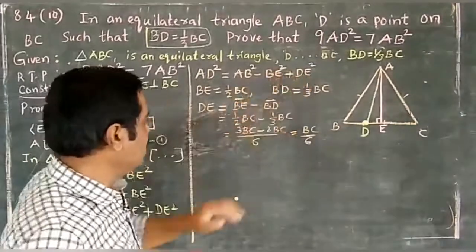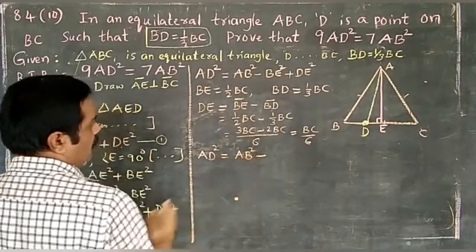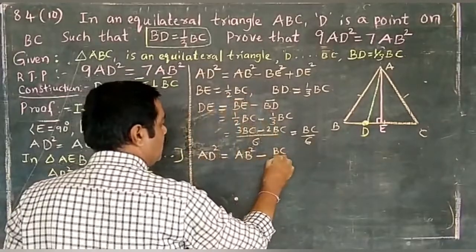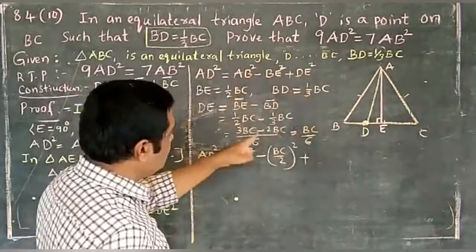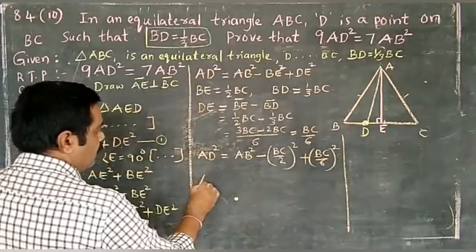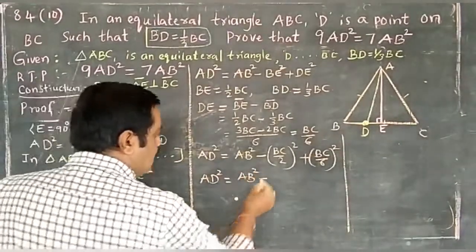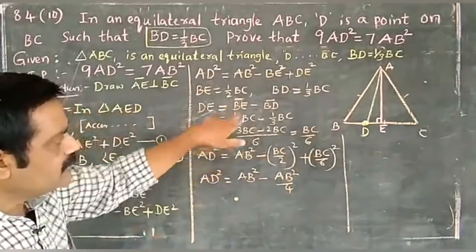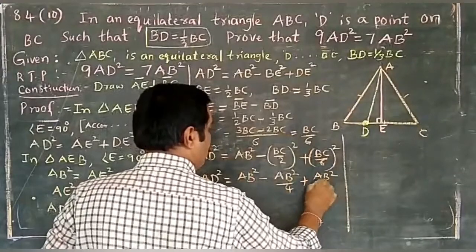We know the lengths of BE and DE. Now convert: AD square is equal to AB square minus BC by 2 whole square, plus BC by 6 whole square. Then AD square is equal to AB square minus AB square by 4 plus AB square by 36.